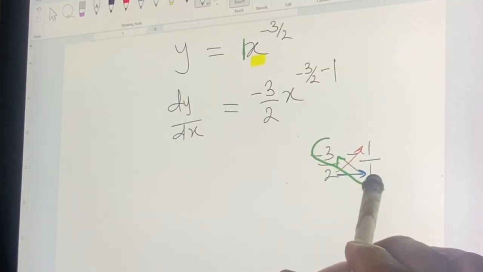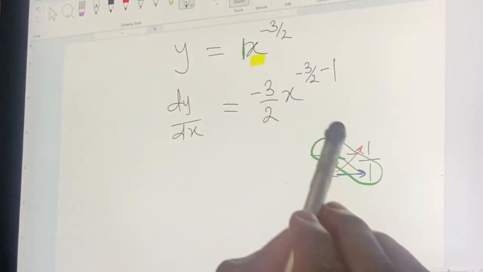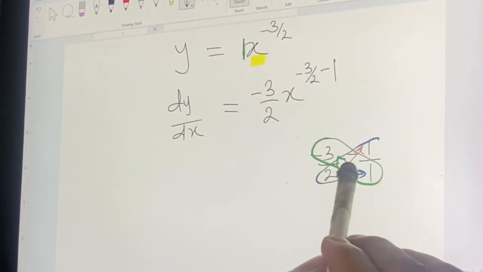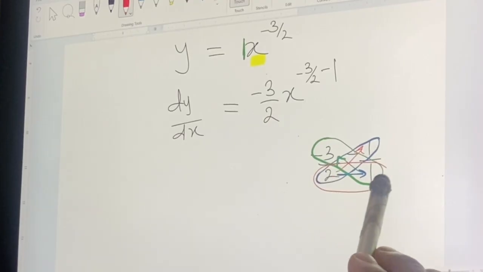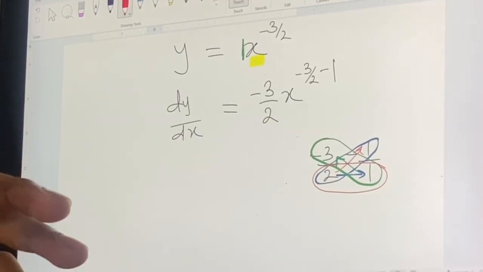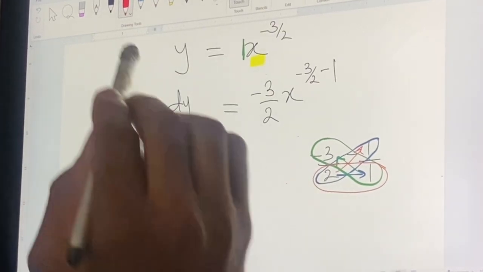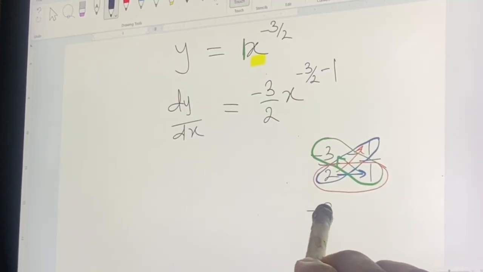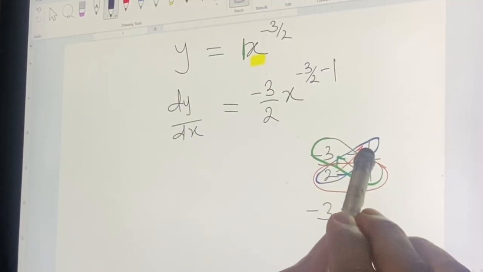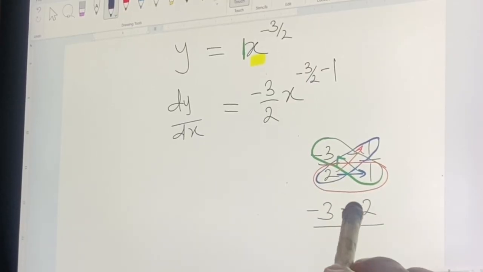So it's looking like this. This to this, and this to this. You don't need to do the butterfly thing. I'm just trying to show you how it will look, but you don't need to draw the butterfly. So the answer here will be 1 times minus 3 will give us minus 3, minus 2 times 1 will give us 2 over 1. 2 times 1 will give us what? 2.